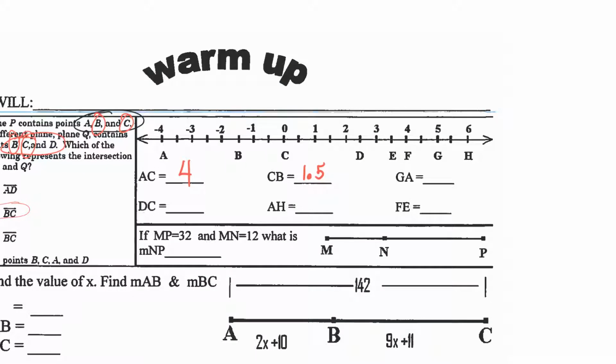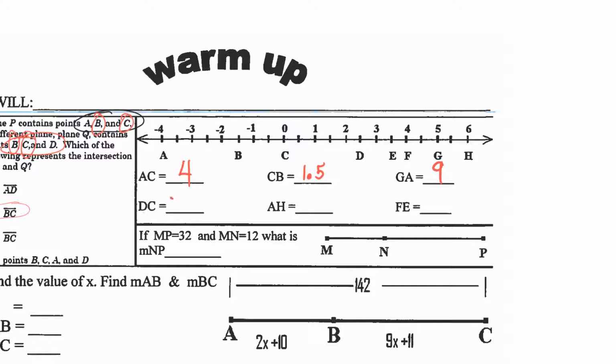Okay, how long is GA? It's 9. If you look at it, G is here at 5, and A is over here at -4. So that's 5 from here to here and 4 from here to here. So 5 and 4 total up to make 9. Okay, how long is DC?